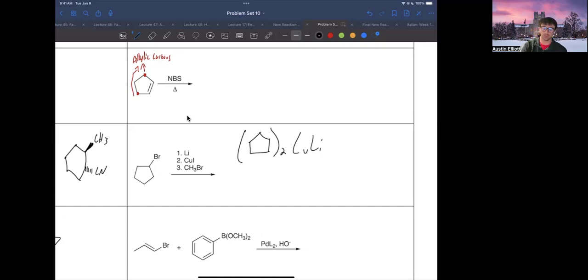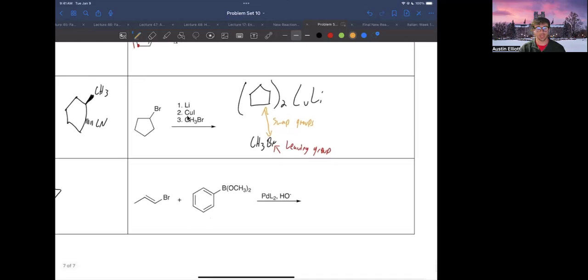And so then that CH3Br, that Br is our leaving group. We're basically going to swap what's in the parentheses with our leaving group. So that ring will gain a methyl group, basically. That's all that's happening.